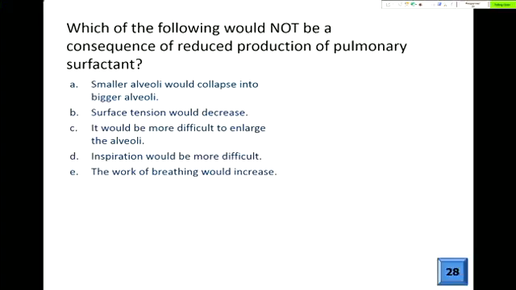Thirty-second countdown. Okay, finalise your answers or guess.